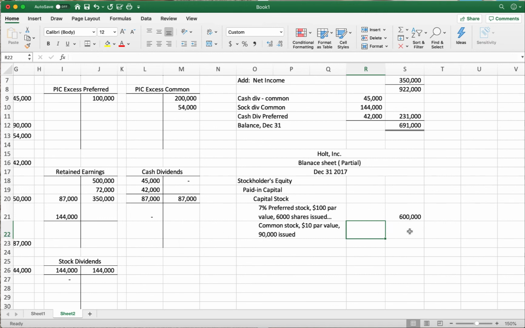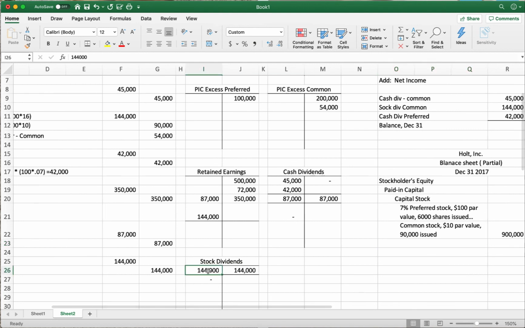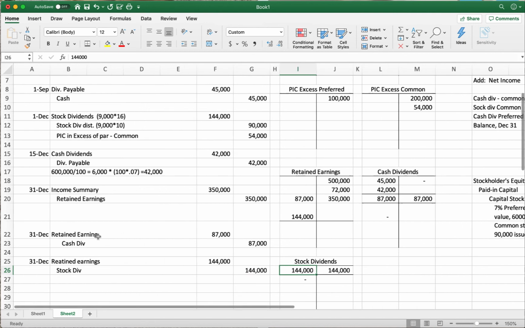I got you. So what's the amount of the common stock par value? Well, we started off with $900,000. Now, we paid a stock dividend, right? Or common stock dividends distributable. We still have a balance in that account, right?